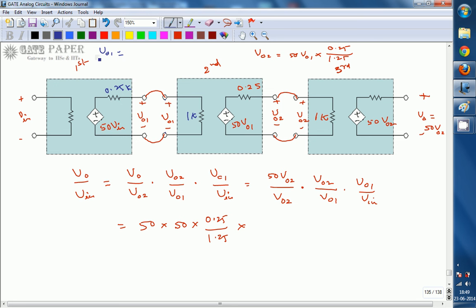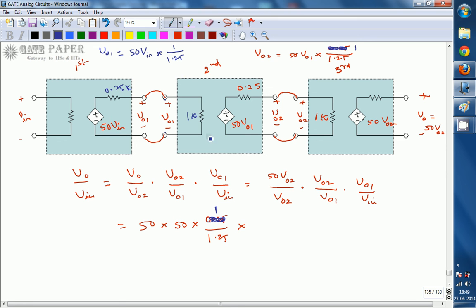By using voltage division rule, V01 is equal to total voltage 50 times of Vin into 1 divided by 1.25. Here also this is not 0.25, this is 1. So 50 into 1 by 1.25.